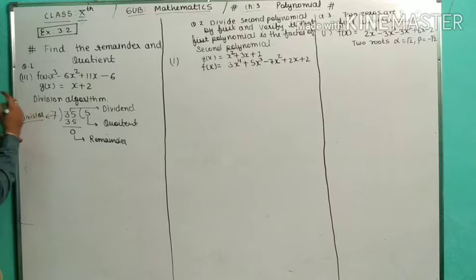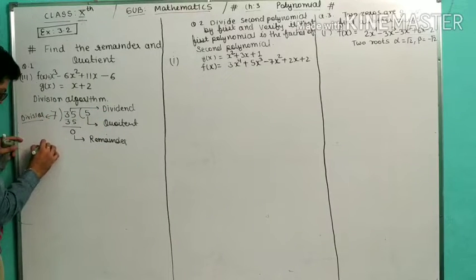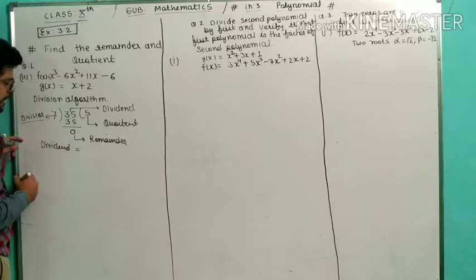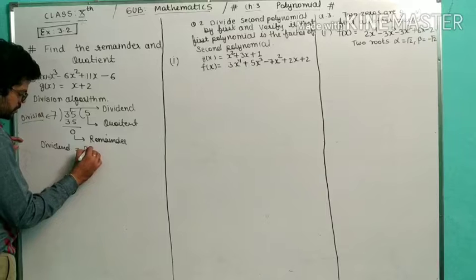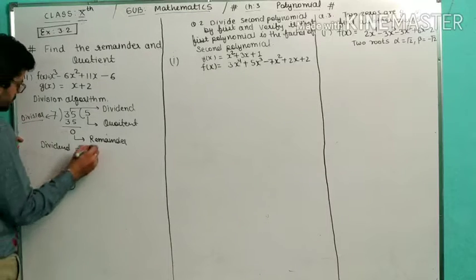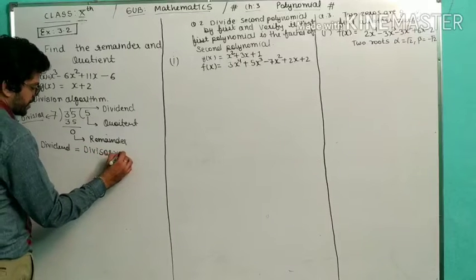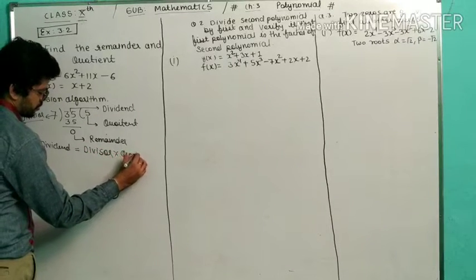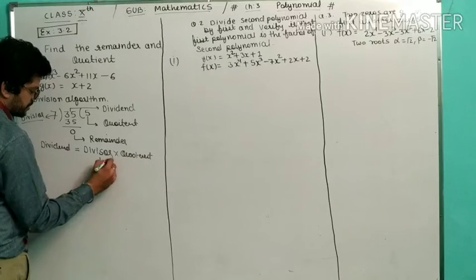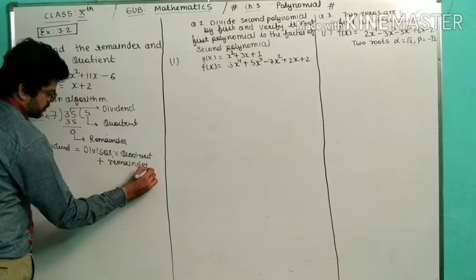So what is the division algorithm? Dividend is always equal to divisor multiplied by quotient plus remainder.